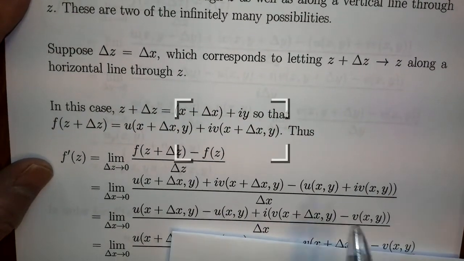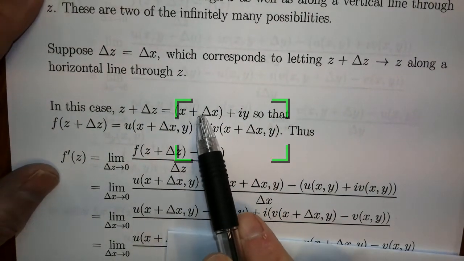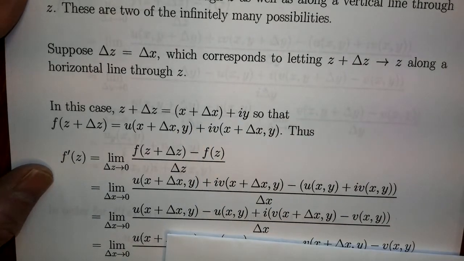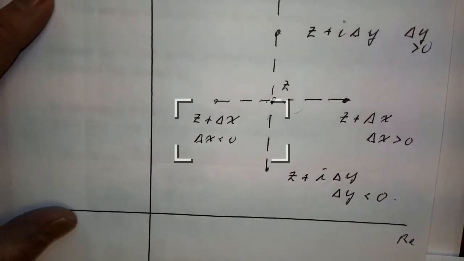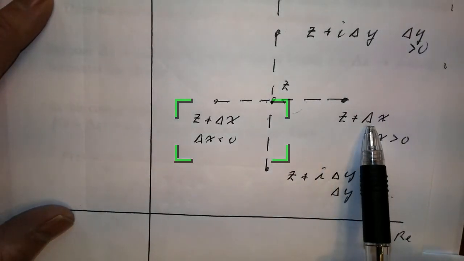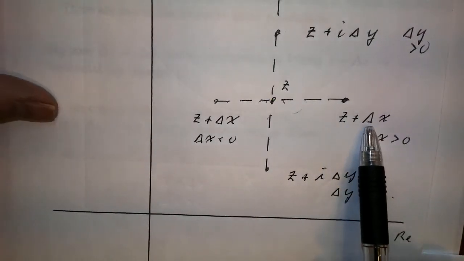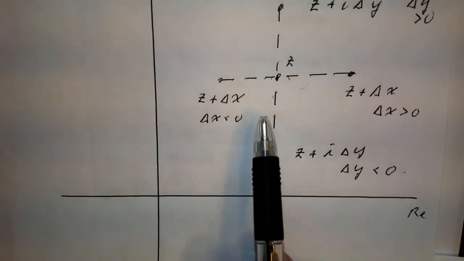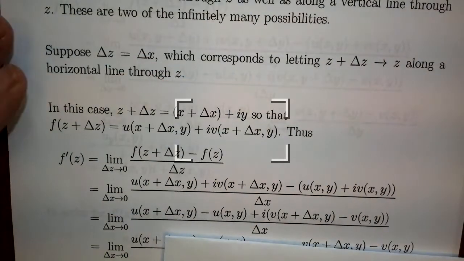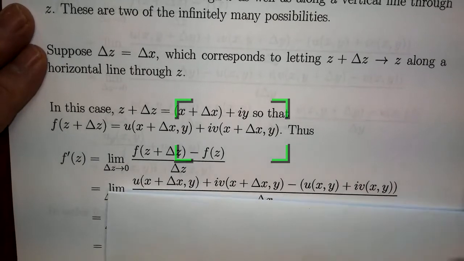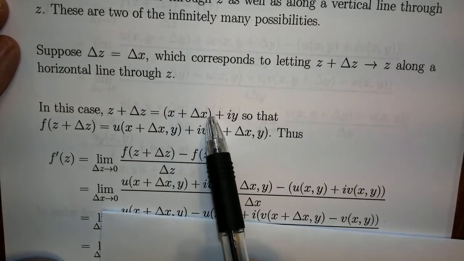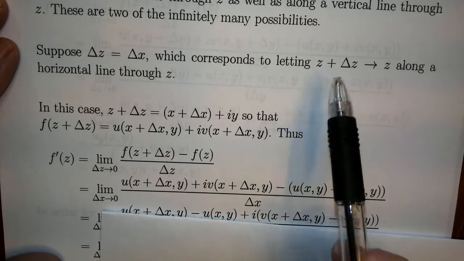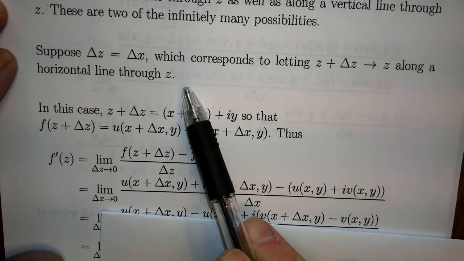Now in this case, z plus delta z is x plus delta x plus iy. In terms of my picture, we're looking at this situation, z plus delta z is the same as z plus delta x, or over here. So z plus delta z is x plus delta x plus iy, because z is equal to x plus iy.